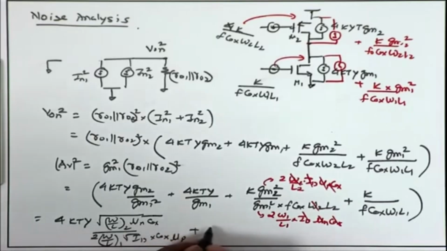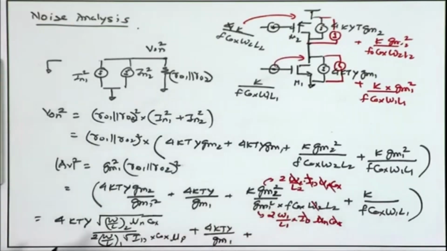Second is 4 kT gamma upon GM. I do not need to simplify this, because for GM1 I know the dependencies on W by L and ID. This term, once again I have K times W upon L. Let me use a separate W by L1 times L2 square.